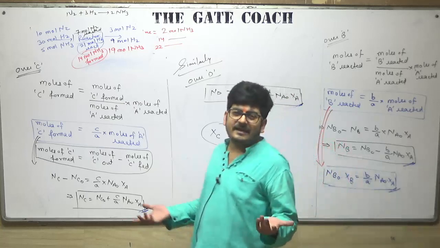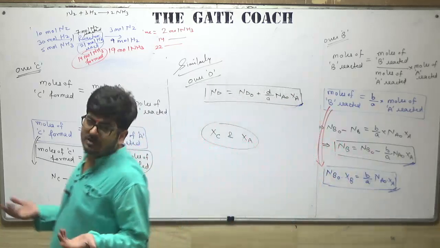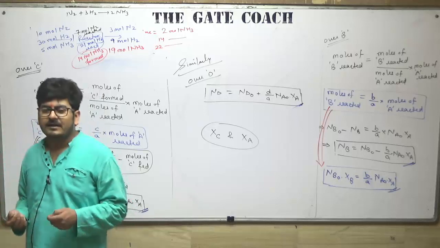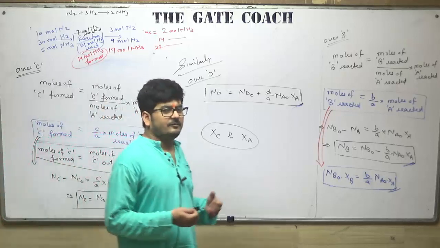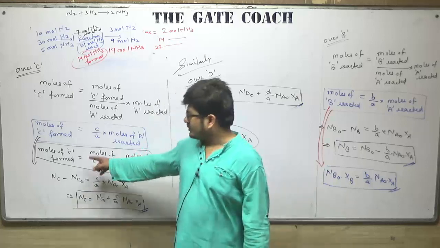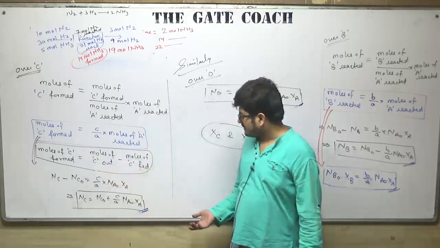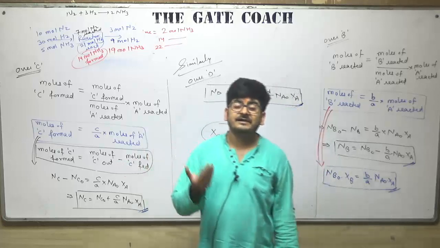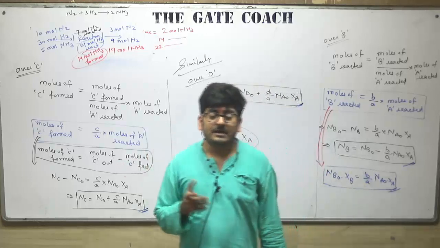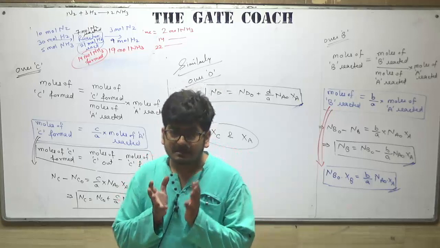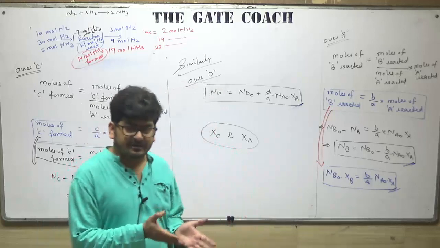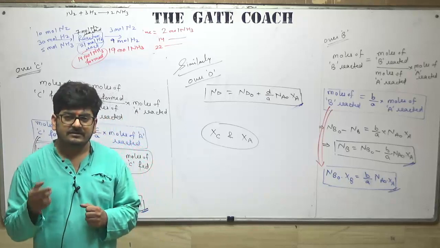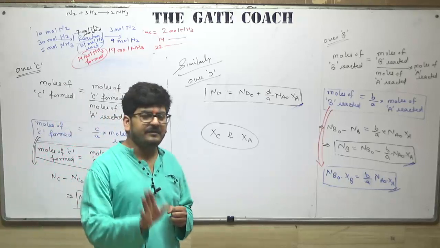What is XA, XC? If I am talking about XA, XC, it means I am talking about the conversion of A, conversion of C. And what is conversion? I told you, maybe before that, that conversion is defined as the fractional amount of the A reacted. Since A is the reactant, it will react, so we can define XA.